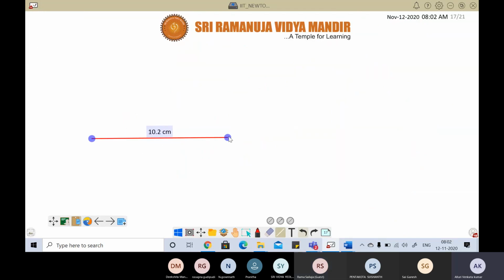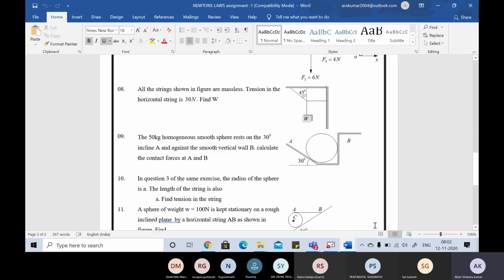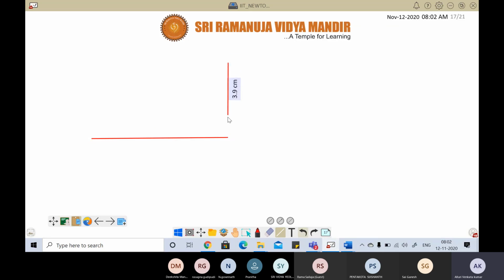This is the wall, and this is the inclined plane, correct? Wall and then inclined plane.